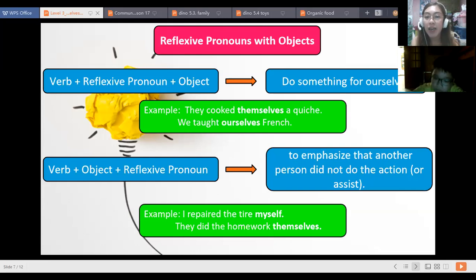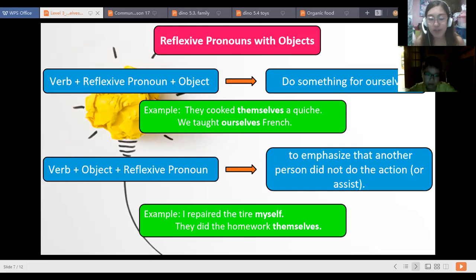Okay. So can you give me the meaning of the verb plus reflexive pronoun plus the object? To do something for ourselves.